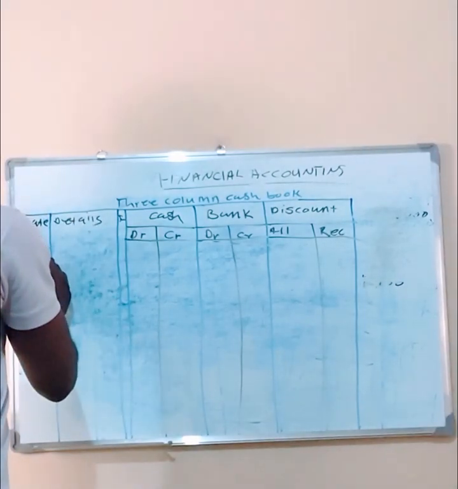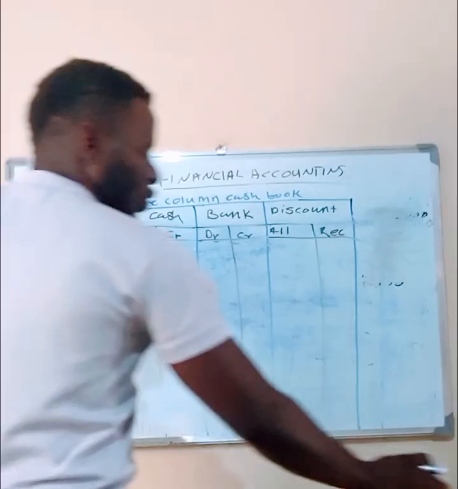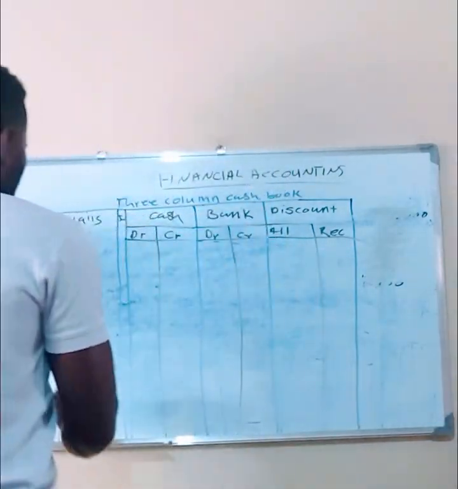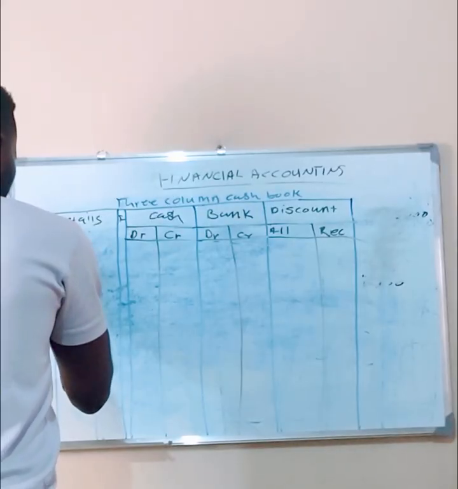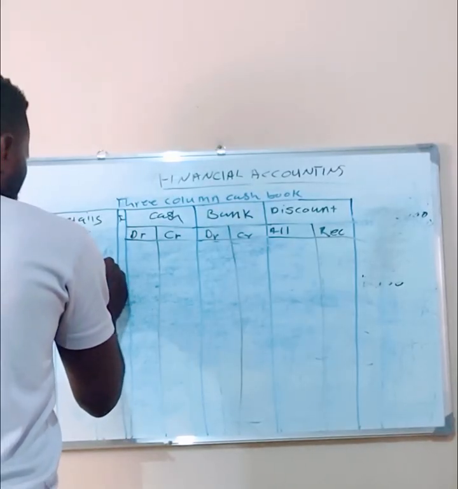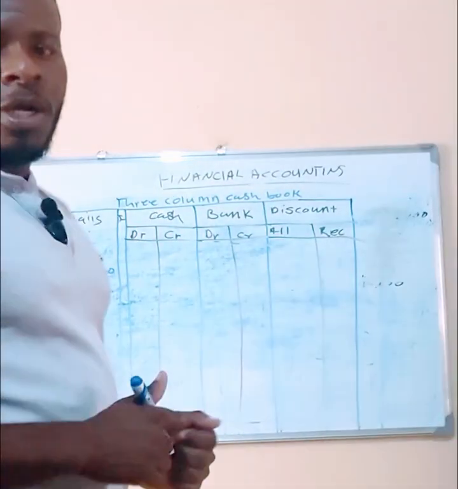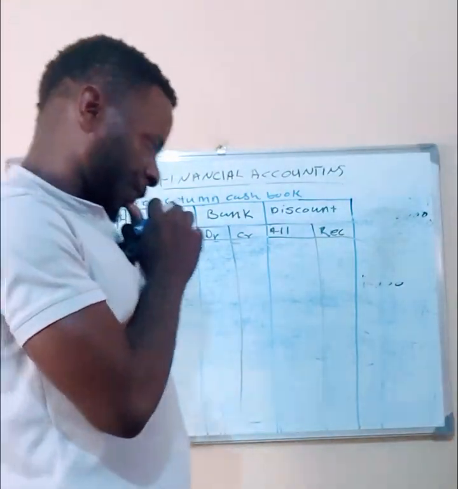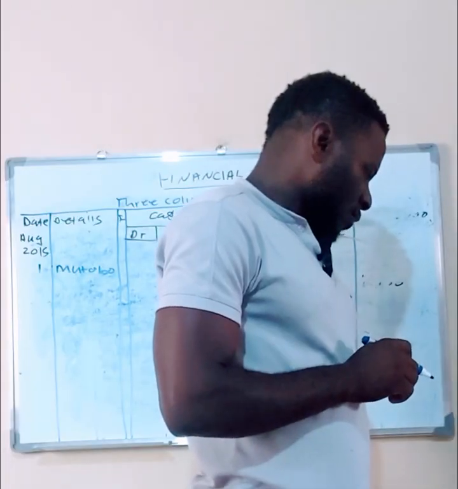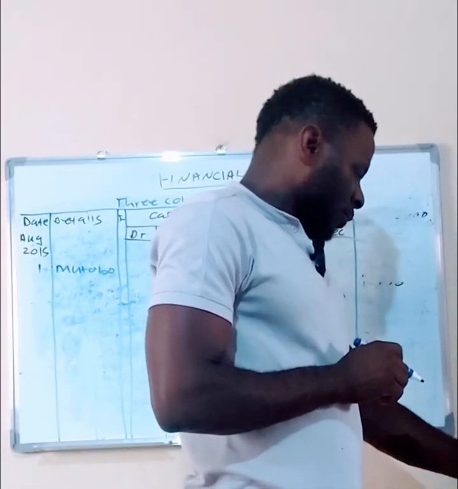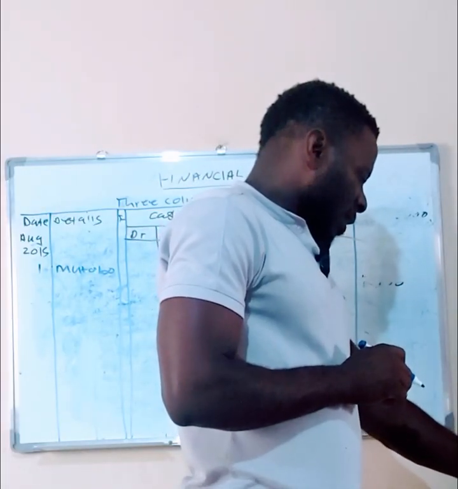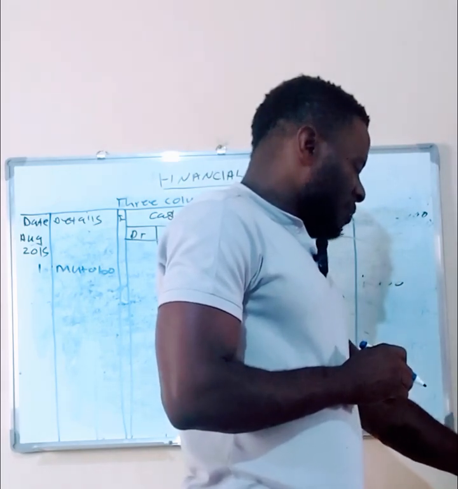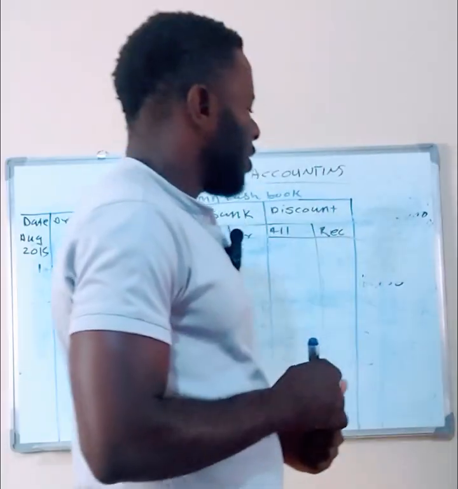On August 1, we purchase goods from him. After buying, this person allowed us a discount of what? 10%.